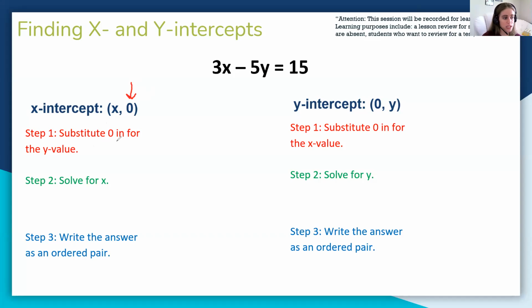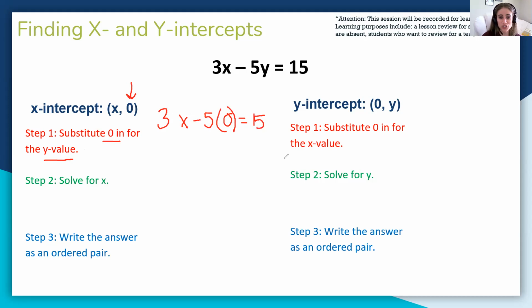That is why we can substitute 0 in for our y value, because we're like, all right, if I know y is going to be 0, what does x have to be to make this equation true? So we're going to substitute that in. 3x, instead of minus 5 times y, it's minus 5 times 0 equals 15.